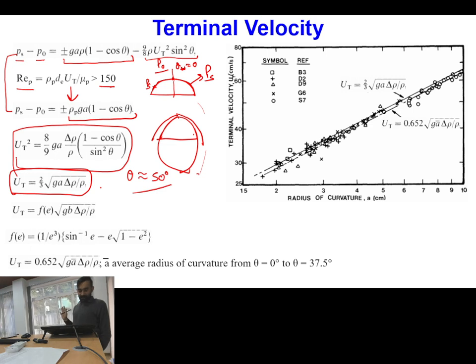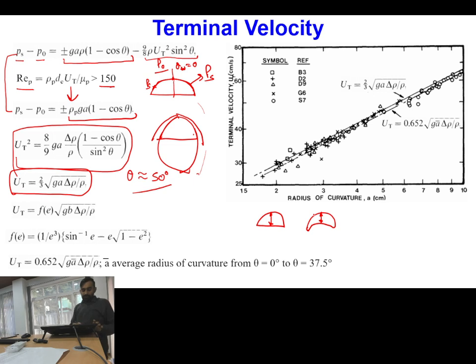Up to this point, is it clear? So further, if you have to account for the effect of the aspect ratio of the bubble. Aspect ratio of the bubble means, say, your spherical cap is like this or like this, so you will be able to account for this aspect ratio as a different value.